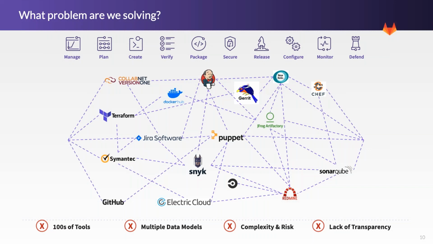They're using different data models, which lead to lack of transparency. Different people work with different tools, which creates siloed teams. But breaking down the silos was the whole point of DevOps in the first place. Moreover, dedicated people need to design, build, and maintain this fragile toolchain. This toolchain complexity is the problem that GitLab solves.